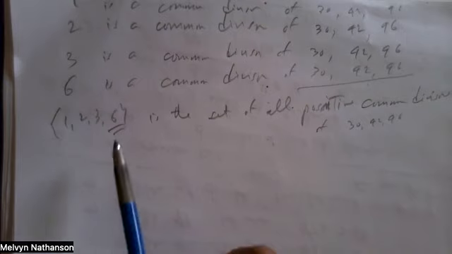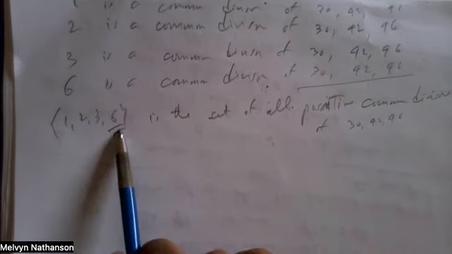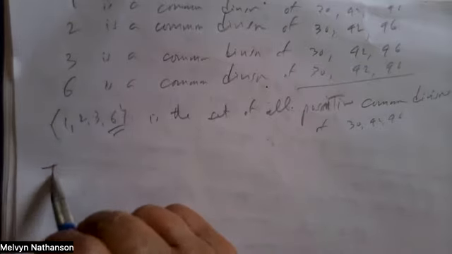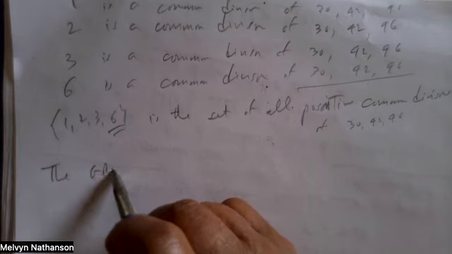And the largest of all these is the number 6. And in fact, 6 is divisible by all the other common divisors. So we use this divisibility property to define the greatest common divisor.